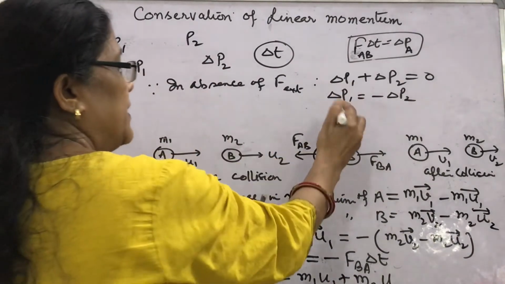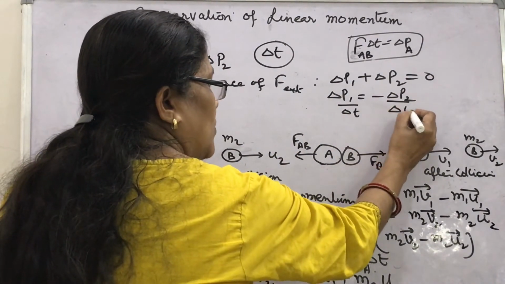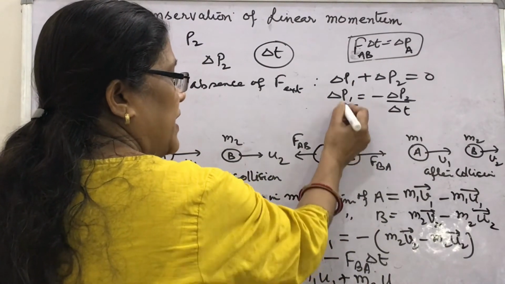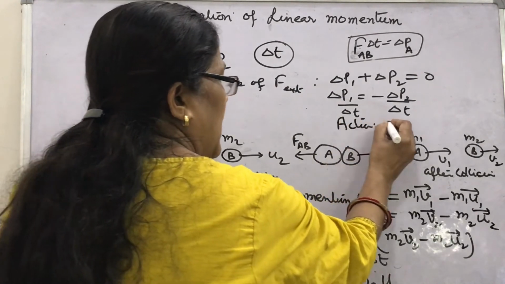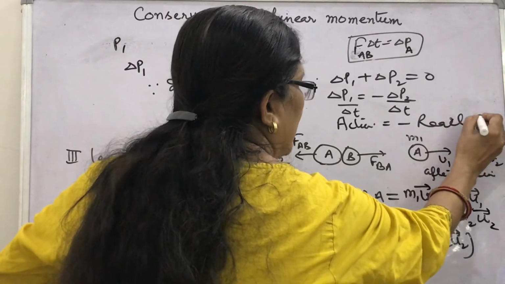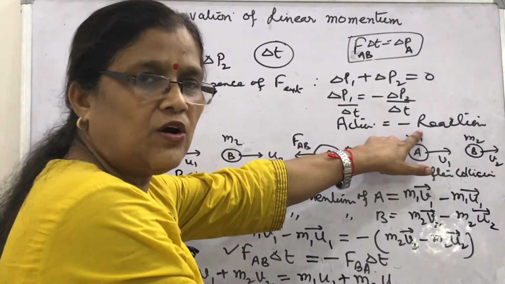If you divide by the time delta t on both sides, what is this? The force of action, you can write FAB or FBA. This is the force of action and this is the force of reaction. So you have proved here that using this law you get the action-reaction law.